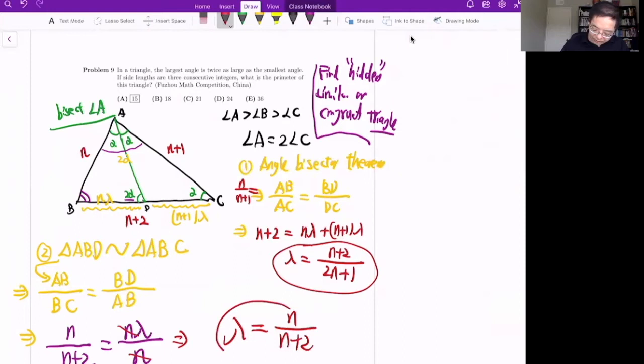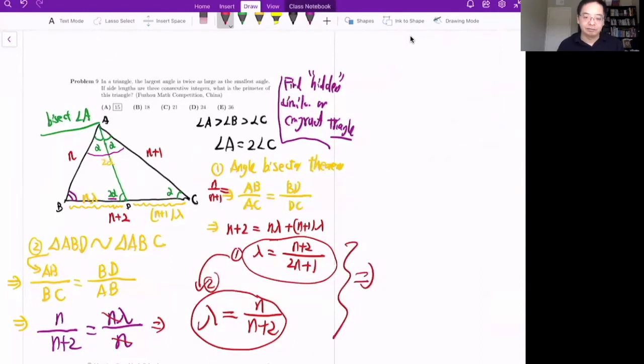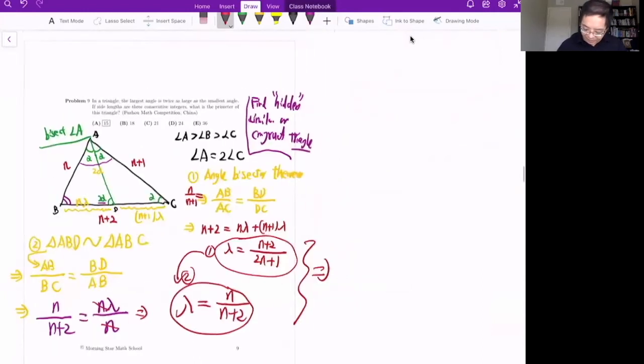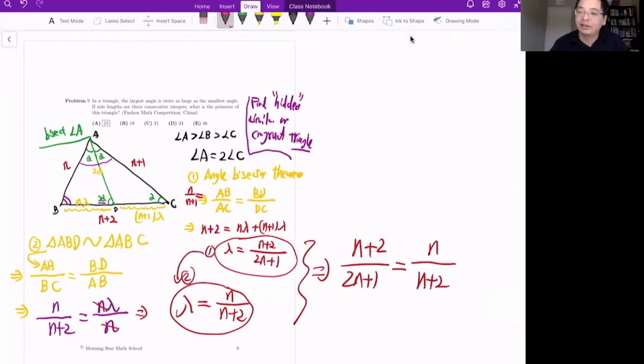So our two equations, we can combine them together, 1 and 2, right? From here, we get (n plus 2) over (2n plus 1) equals n over (n plus 2). So here we have the equation of n. So we use cross multiplication, and this gives us (n plus 2) squared equals n times (2n plus 1), right?